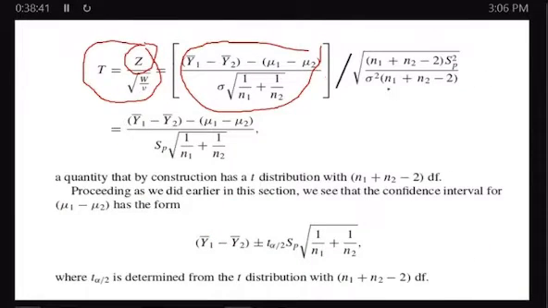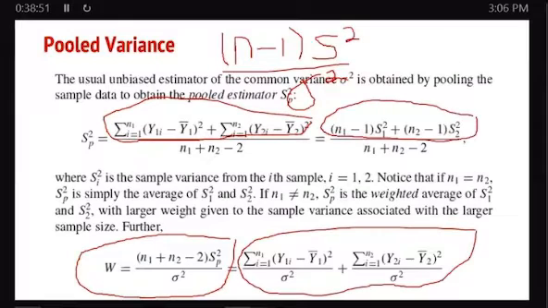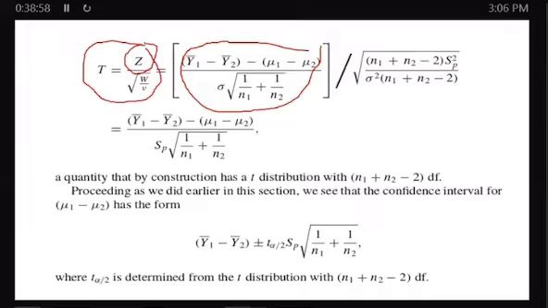Then divided by the square root. What is the W? I'm going to come back. Okay, this is the W. You see that? That is the W. Then what is V? V is the degree of freedom for two groups. The degree of freedom is going to be N1 plus N2 minus 2.